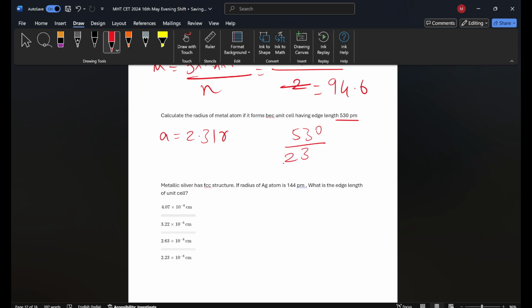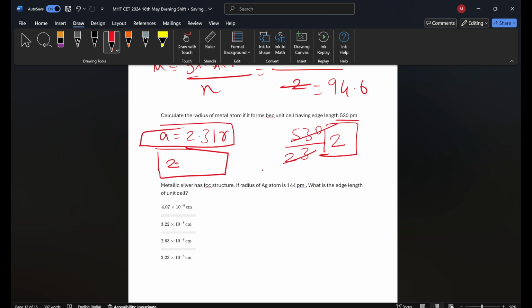So 23 ones are 23, twos are 46. So 2 point something should be the answer. And in CET you will find that there are options. Even if you have all the options which are in 2, you can take it forward because you know this formula. Don't go with the traditional formula of A is equal to 4 by root 3 R. That may not give you a quick solution to this.